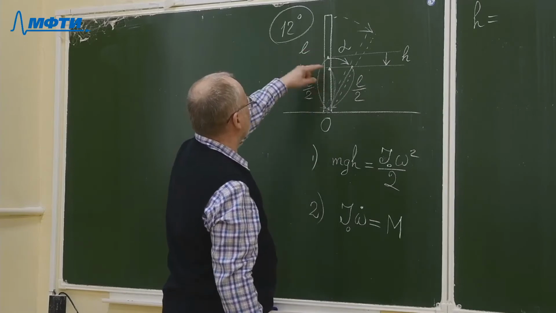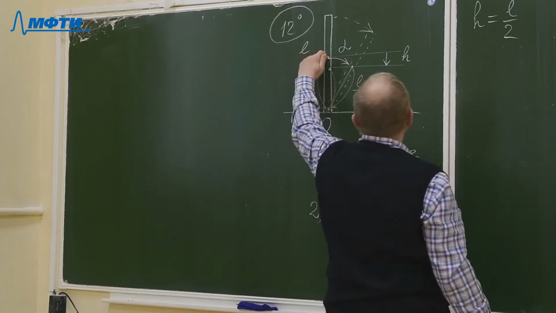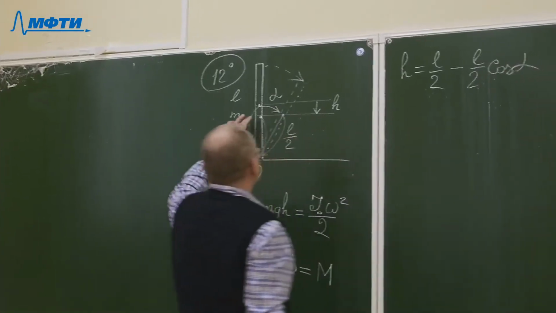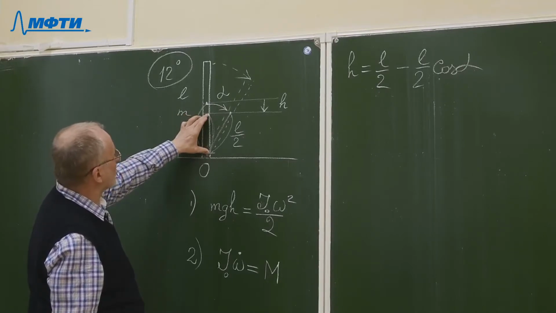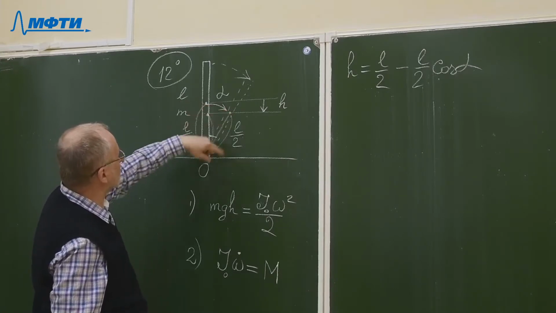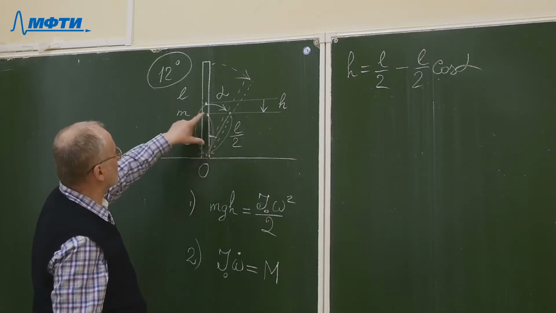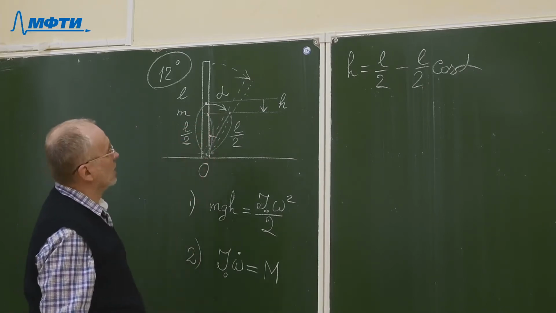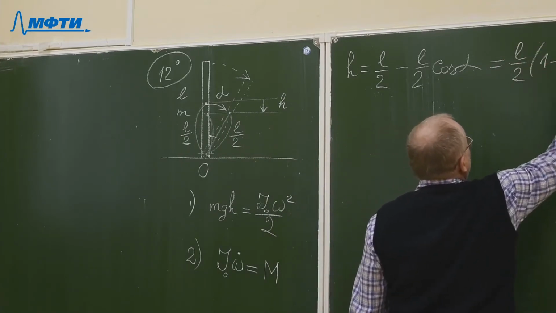So that will be L over 2, the original height of the center of mass, minus L over 2 cosine alpha, because this leg of the right triangle is expressed as a cosine of this angle if you know the hypotenuse L over 2. So that obviously is L over 2, 1 minus cosine alpha.